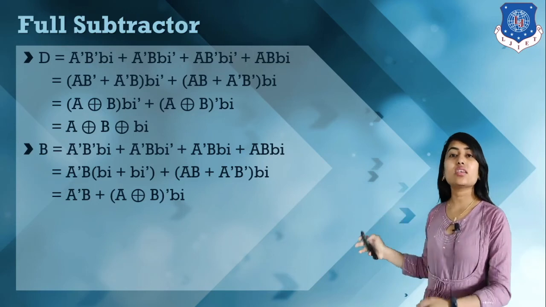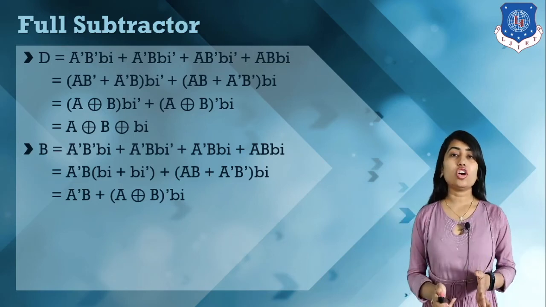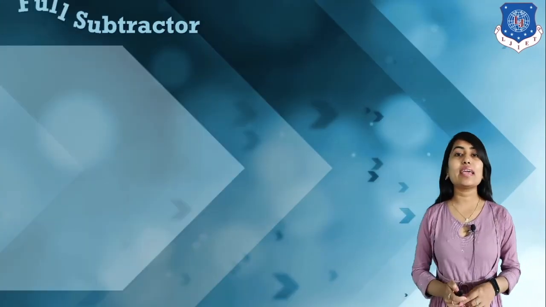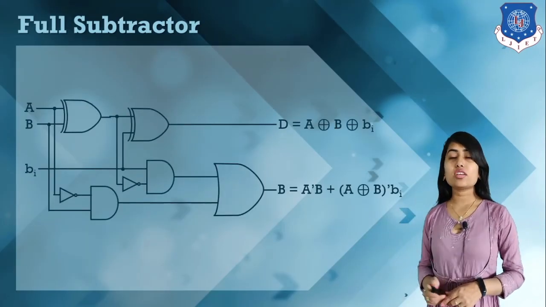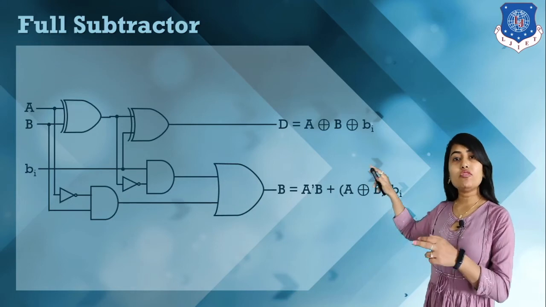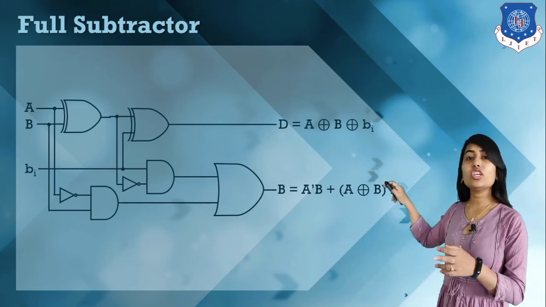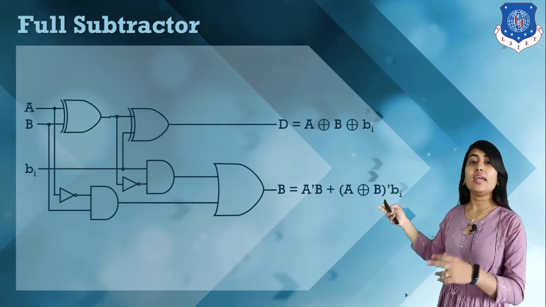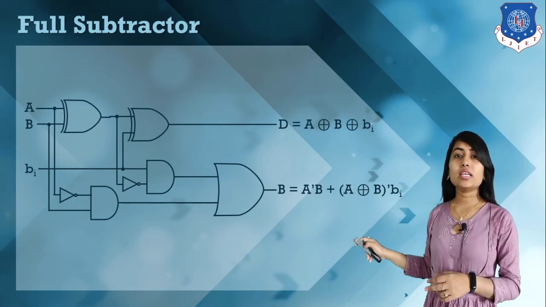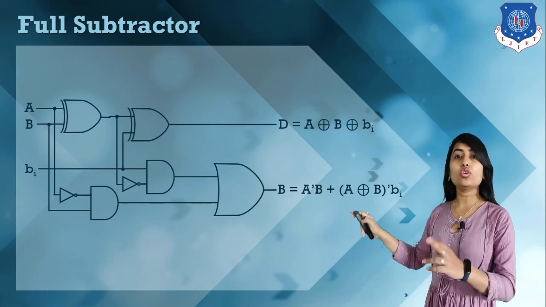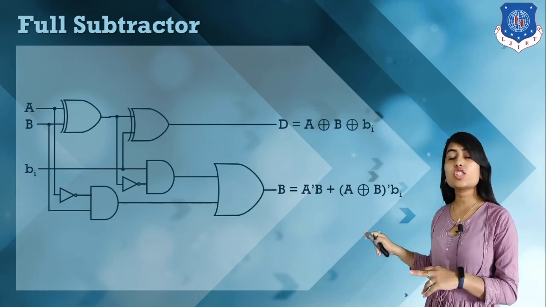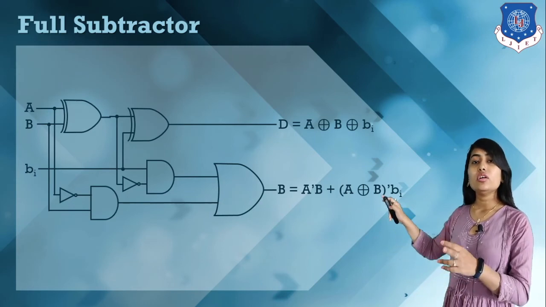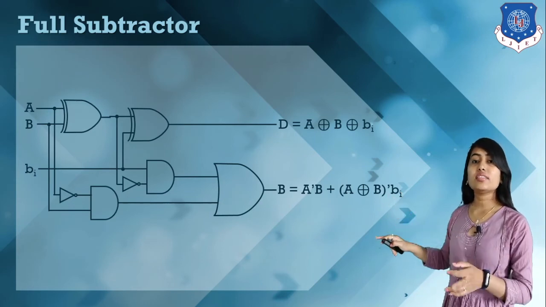By considering these equations, we can design a logic diagram of the full subtractor. Here we have A XOR B as the first XOR, and then we use the next XOR, so we have A XOR B XOR B in. Here we multiply this to get A'B. Then if we use a NOT gate again, we have (A XOR B)', and then we OR this.